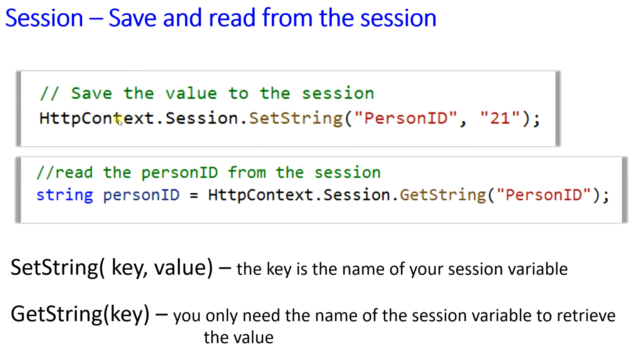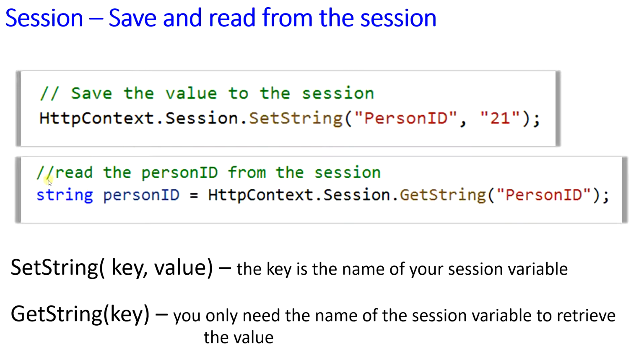At the top we have HttpContext.Session.SetString, and then a key-value pair. The key is personID and the value is 21. The key is something that you need to remember, because later when you want to read the information back from the session, you're going to need this key.